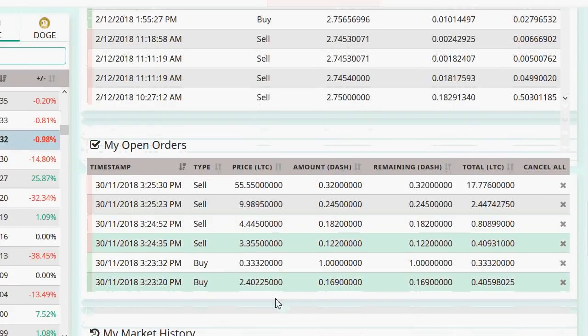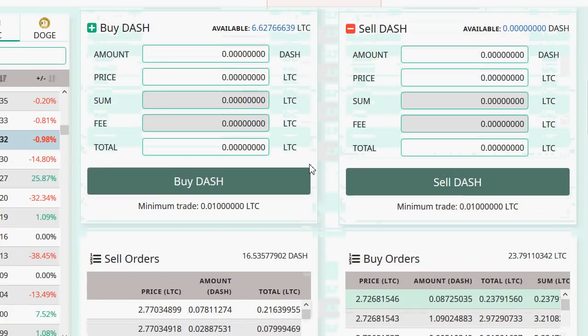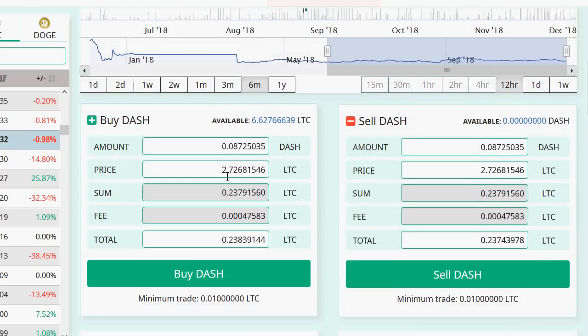So in here I got 2 buy orders in. I got one at 240, which would bring it down from 2.5 Litecoin to 2.1 because I'm buying for 0.4. And I got an insane, not too insane, but insane order at 0.33 to buy one of them. But you know what? There's nothing wrong if you think that it could just go way down. Price action is 272. What happens if someone does like a 50x move?